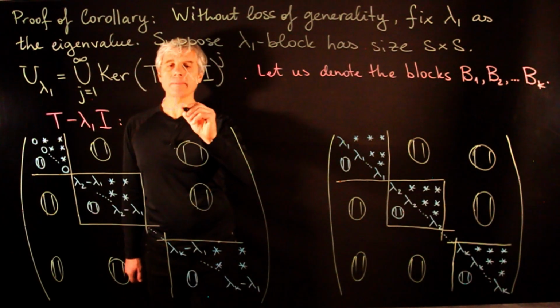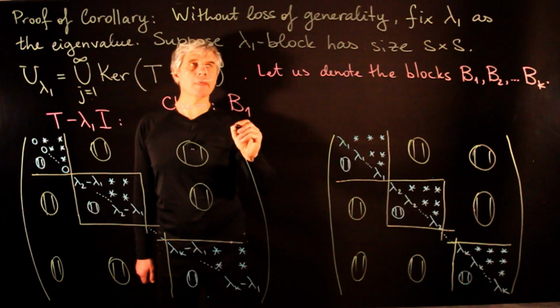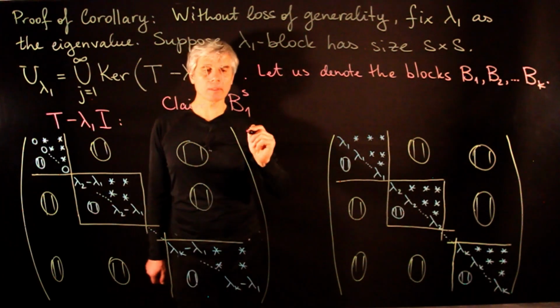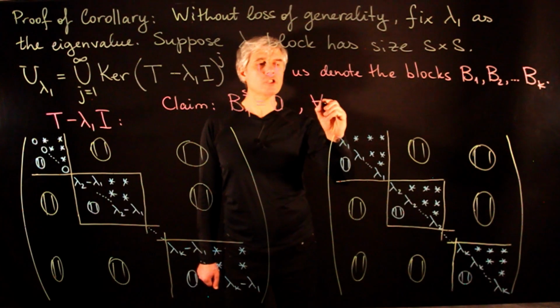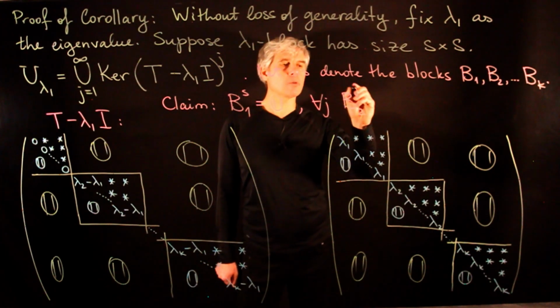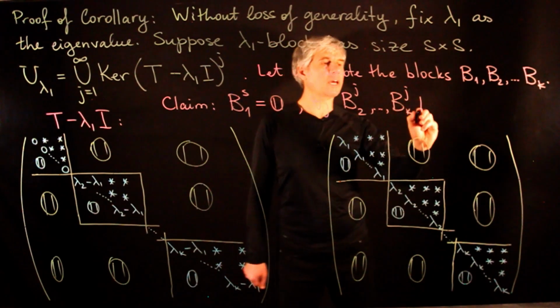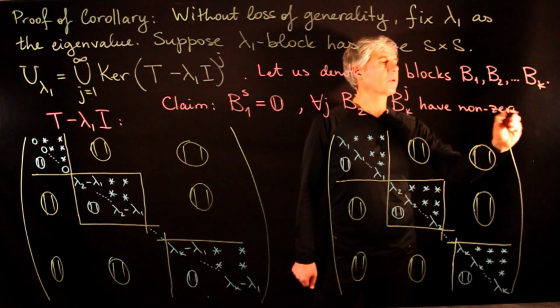What we claim is that when we raise the block b1 to the power s, where s is the size of this block, then we get the zero matrix. Whereas for all j, blocks b2 to the power of j up to bk to the power of j have non-zero diagonals.